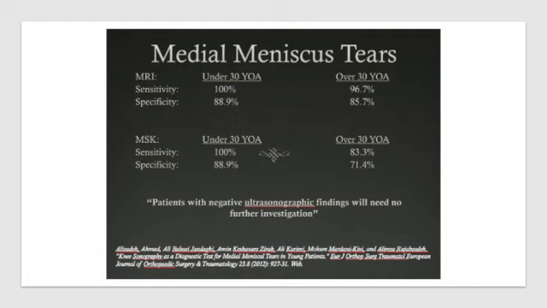What we can see is that for sensitivity for an under-30-year-old, for example that high school or college athlete, maybe they're just out of college, sensitivity is pretty darn good, and specificity is pretty darn good as well. Even over 30, it's not as good, but it's still pretty good. So the takeaway message here is that I can accurately diagnose a medial meniscus tear, or at least screen for other imaging.